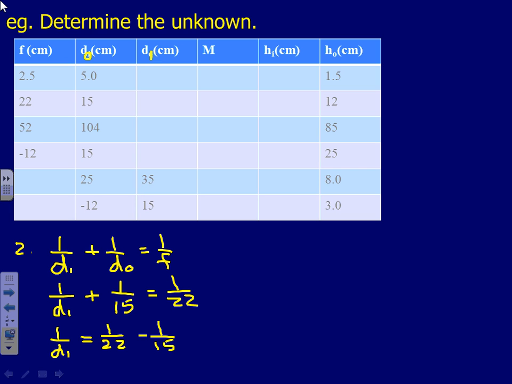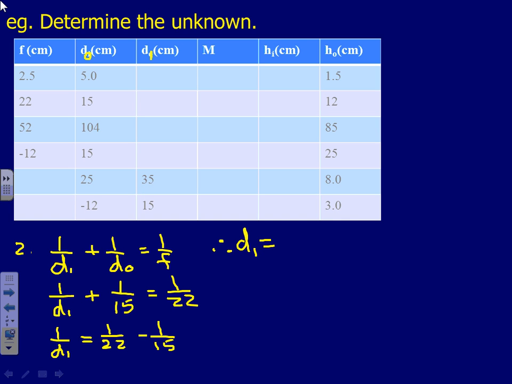Now at this point, if we use our calculator correctly, we should be able to go, therefore, di equals. So let's go through the steps again. 22, and then what do you push? Inverse.